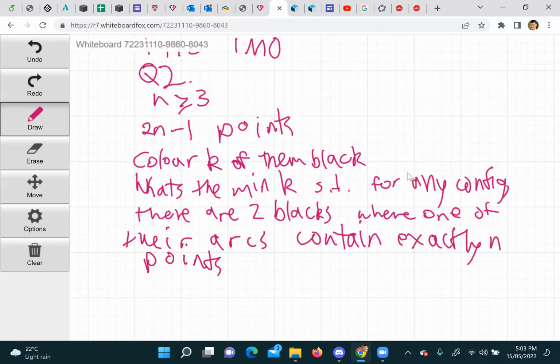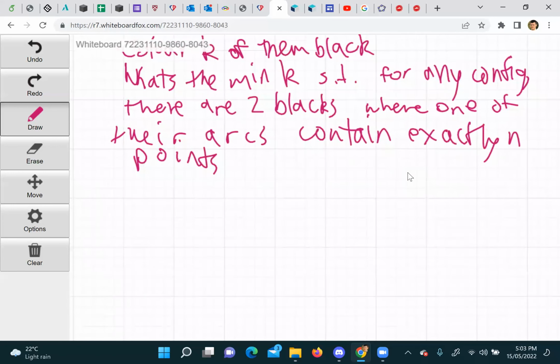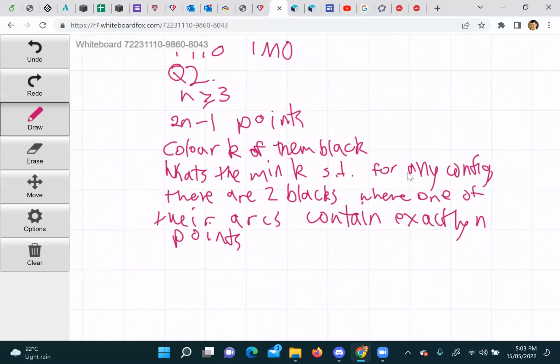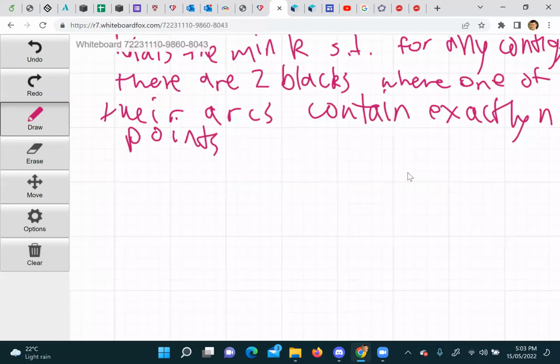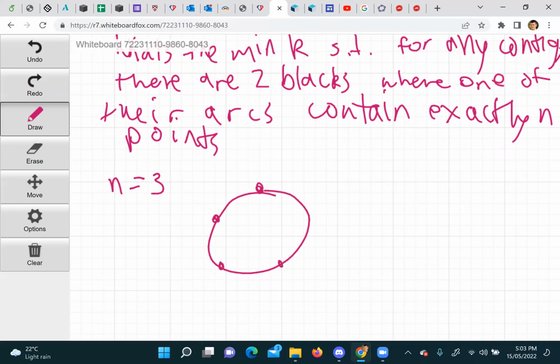Alright, so you pick n equals 3. So n equals 3, you have 5 points, 2n minus 1. You have to pick points such that no arc has 3 points.